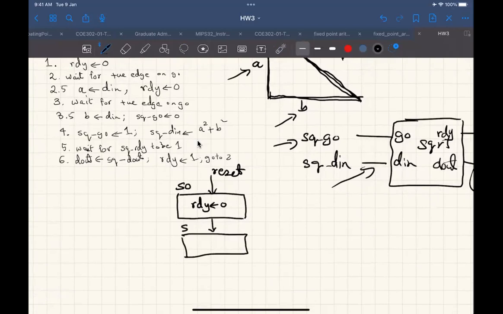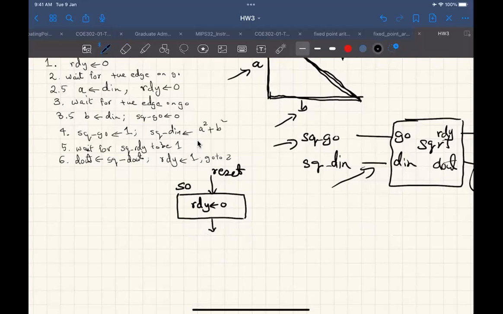It is 1, and I'm going to check for... we have to have a state for that. I don't think we actually have to have a state. Now we have to have a state actually.